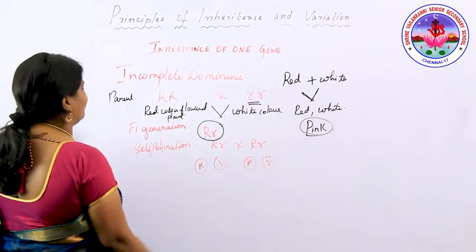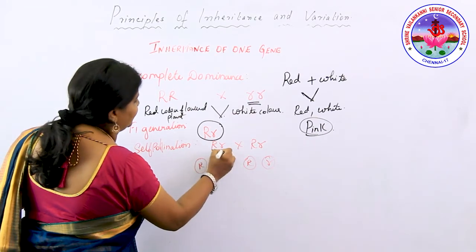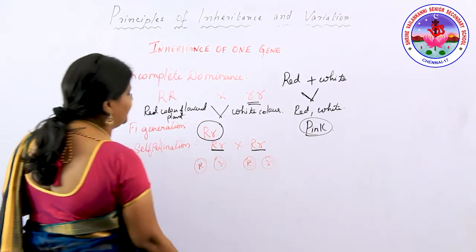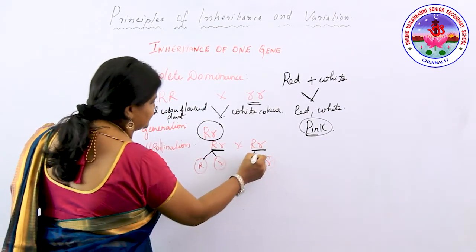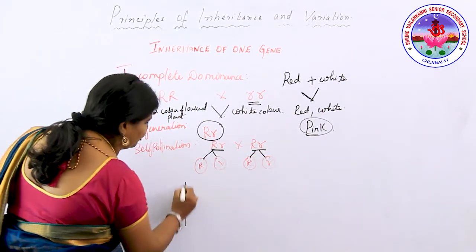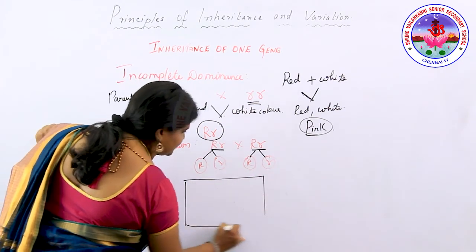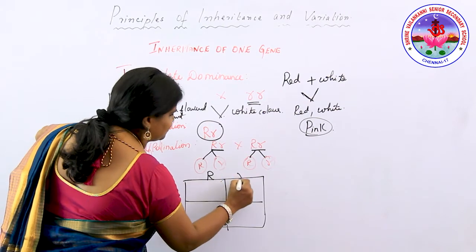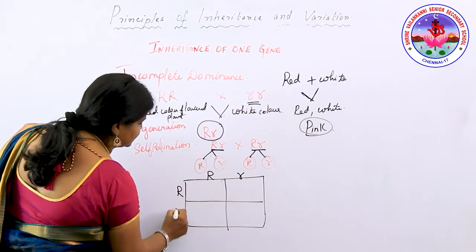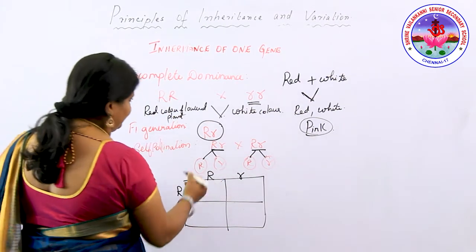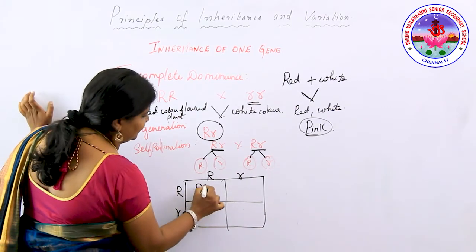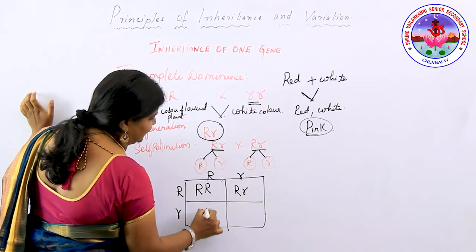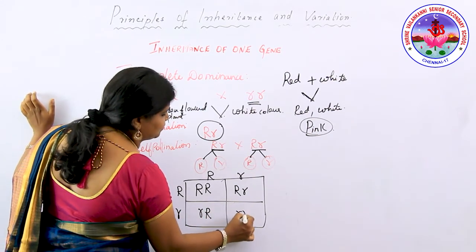Now when self-pollination occurs, capital R and small r with capital R and small r, yes or no? So when you put the Punnett square, monohybrid cross, capital R, small r, capital R, small r. Now when you make a cross, what happens? Capital R capital R, capital R small r, small r capital R, small r small r.